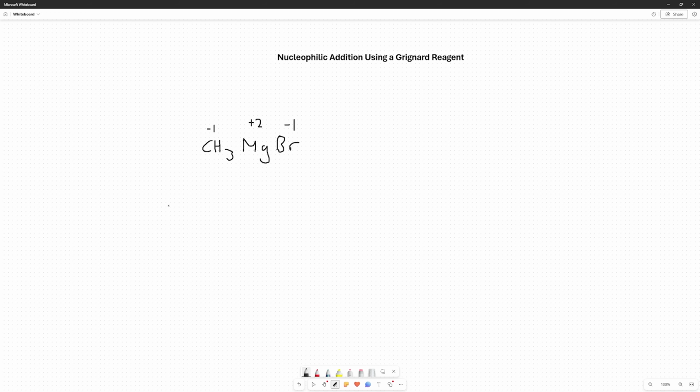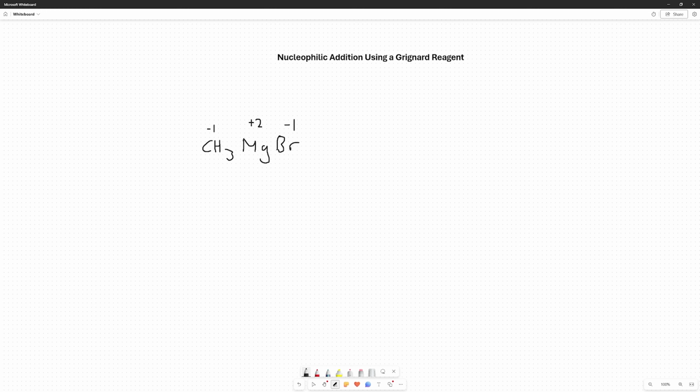That's highly reactive. It's not how carbon obviously likes to be. And this is important because it means that this carbon can act as the nucleophile in the reaction.